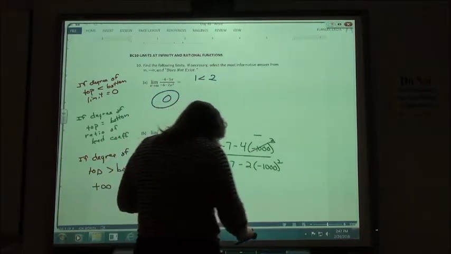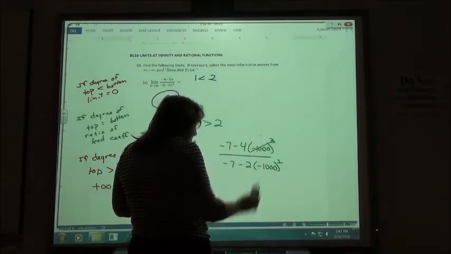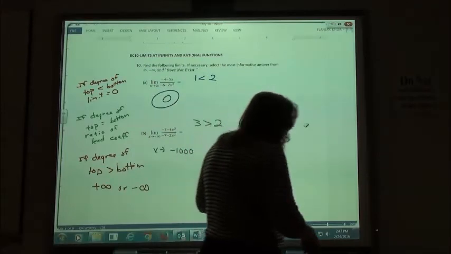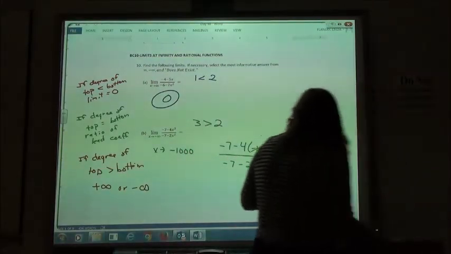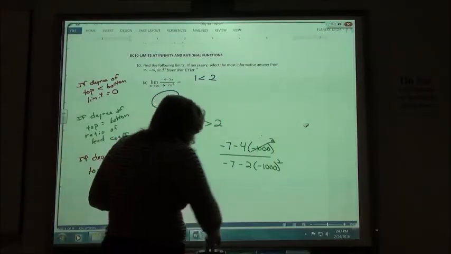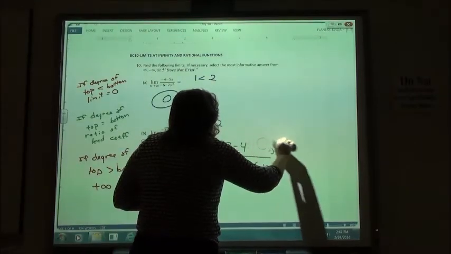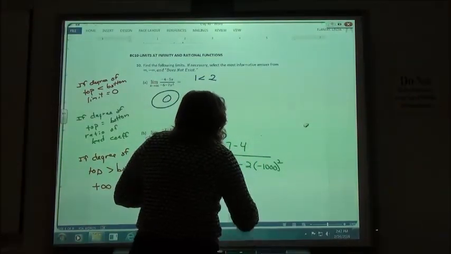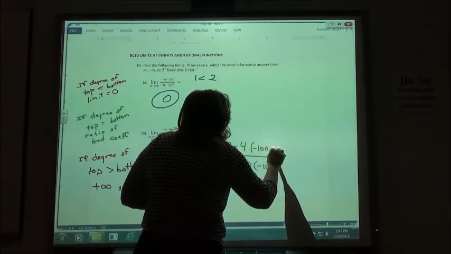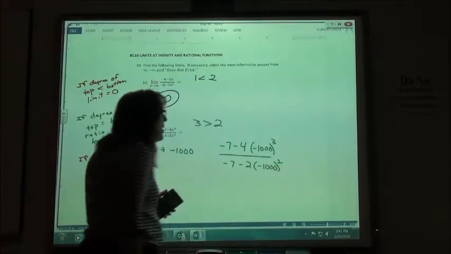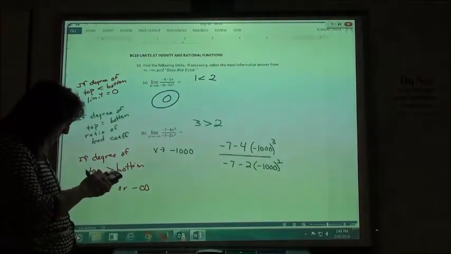Nope, I better work it out, because otherwise I have to figure out my number. I'm just going to use my calculator. So on the top, I was going to take a shortcut, but that's not going to work very well. So I'm just going to punch the top in.